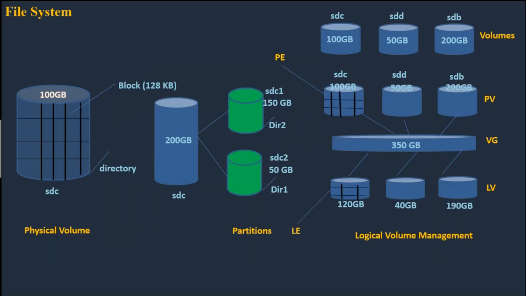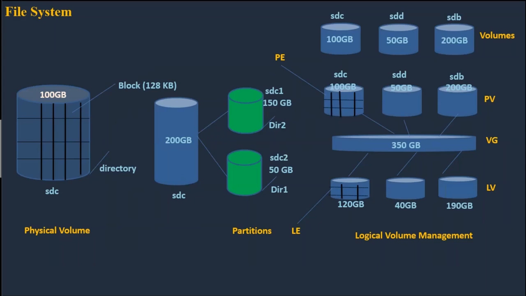So technically speaking, let's say each physical extent is 64 KB in size. Now, if I need 50 GB, it will automatically calculate how many physical extents would be required to give you that capacity. So when you are creating a logical volume of 120 GB in this case, it will calculate how many physical extents would be required.